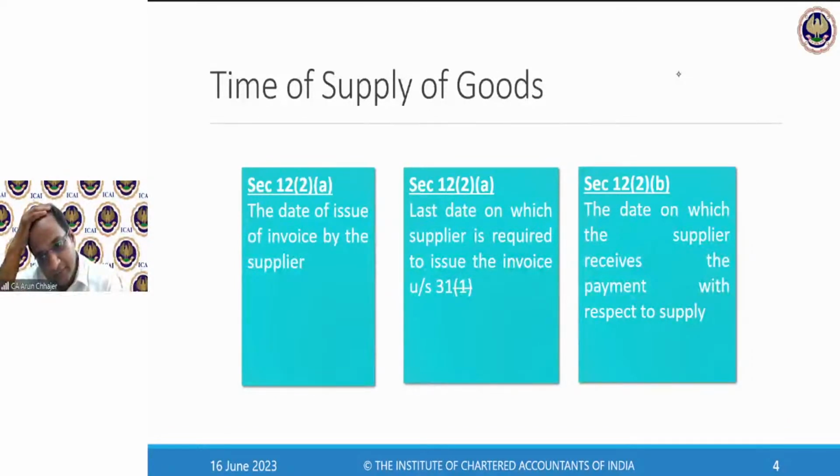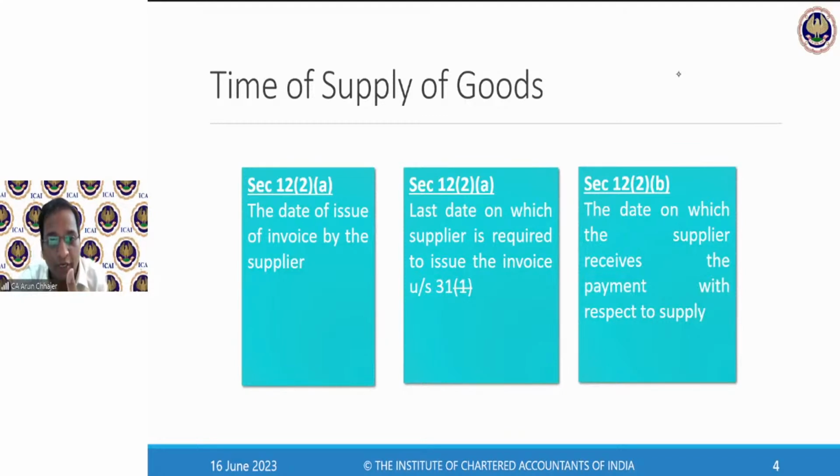What is the date 6 months from the removal in that illustration? It is not there. This was not sales on approval. I have given multiple examples in which, if it is a sales on approval, then you need to consider the date of removal plus a maximum of 6 months. It is not relevant here. The last date to issue the tax invoice is given in section 31. There are multiple scenarios.